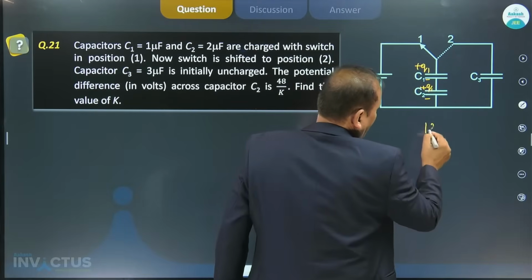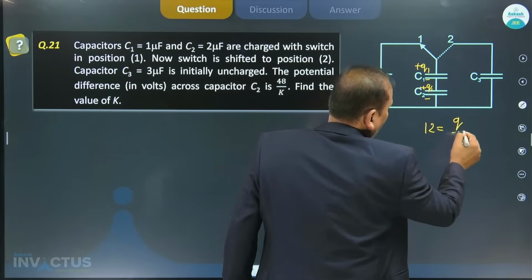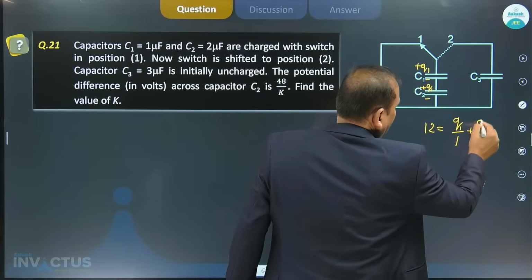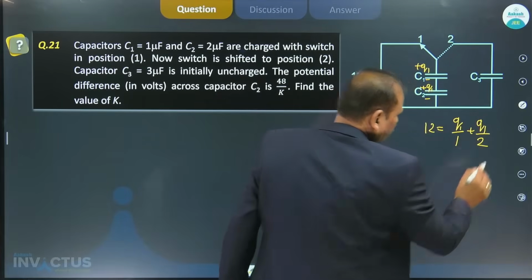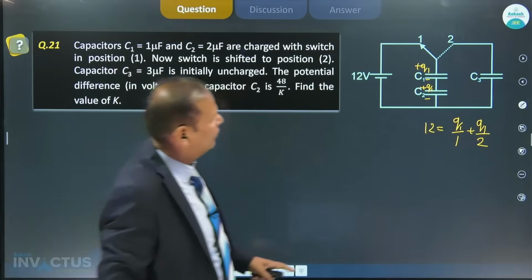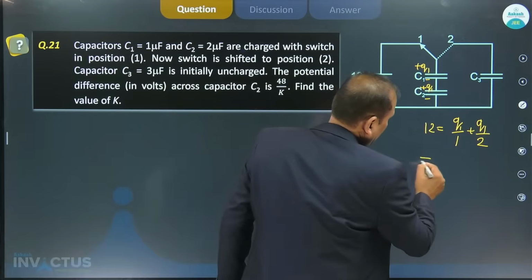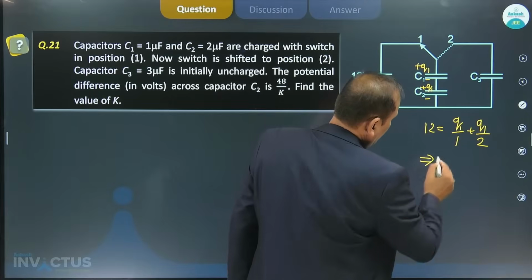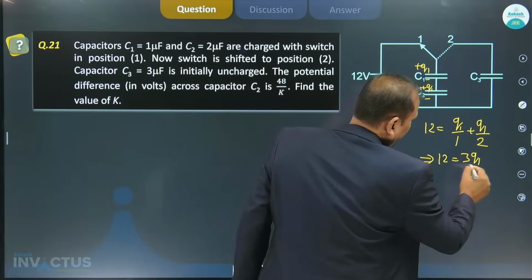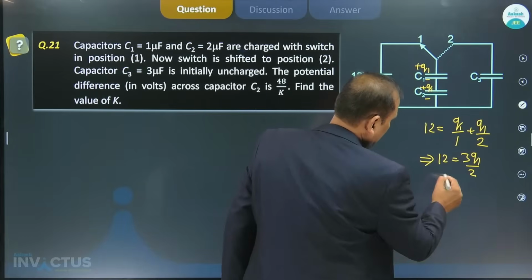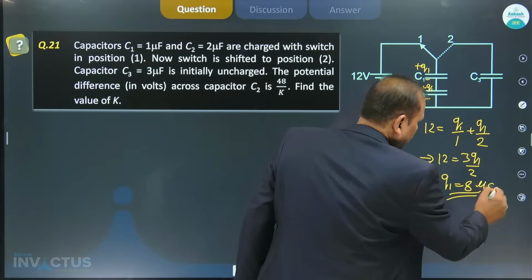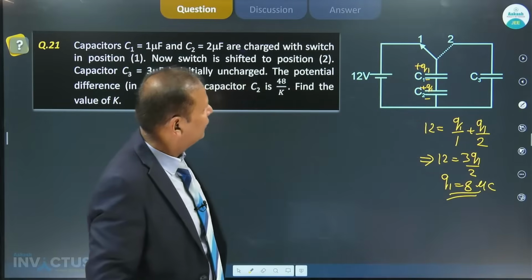So 12 is equal to Q1 by C1, that is 1, plus Q1 by C2, that is 2. So you can solve it. 12 is equal to 3 Q1 by 2. Q1 is equal to 8 microcoulomb. This is the initial charge.